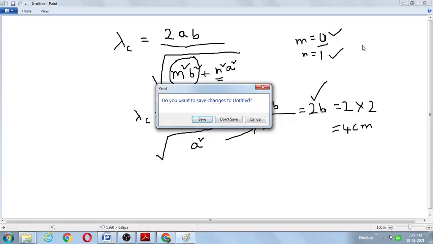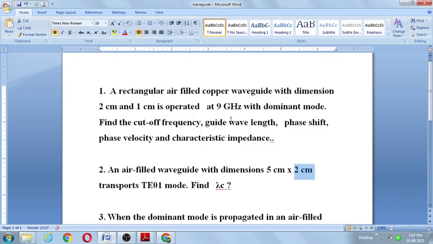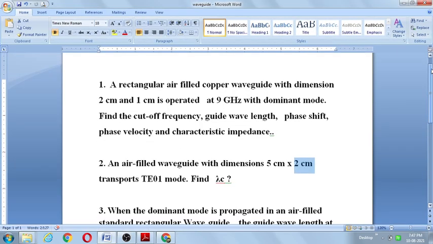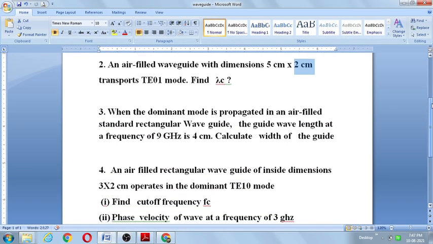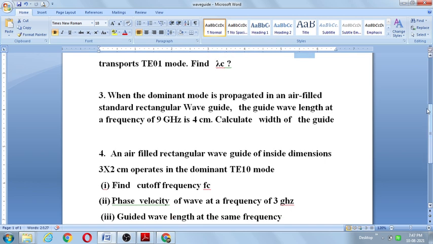Okay. I will explain one more problem. Problem number 3. Here, just observe the problem. When the dominant mode is propagated in an air-filled standard rectangular waveguide, that means the rectangular waveguide is operated in dominant mode.